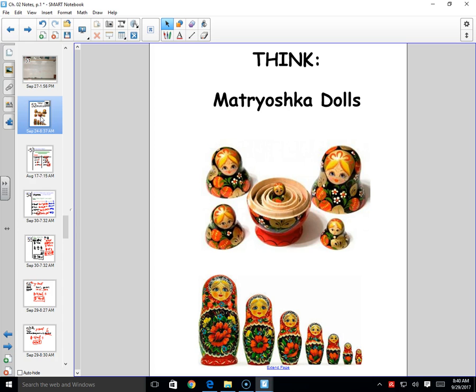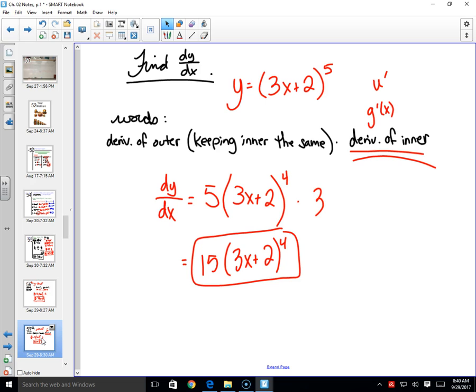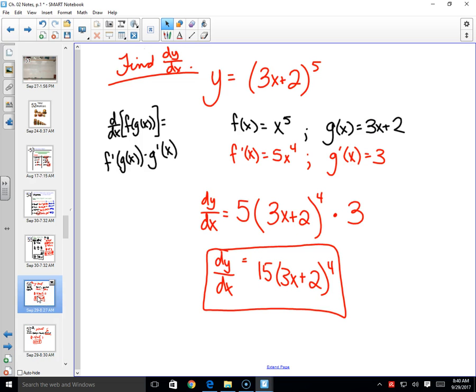So technically, maybe we were doing f of g of h back here. Because we could have said that the outer was f, x to the fifth, the inner was g, 3x plus 2, and the innermost was h, x. And what we would have done is exactly what we did.